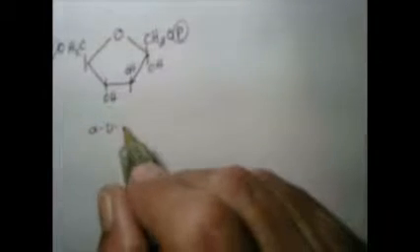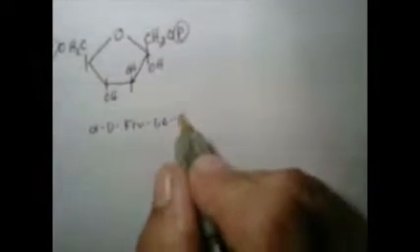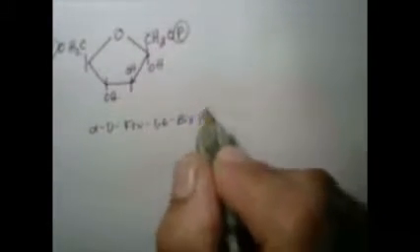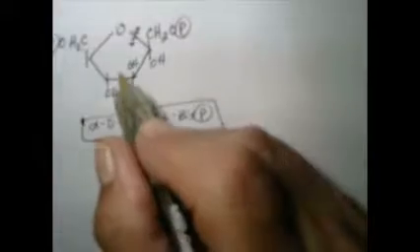Well, it's an alpha D fructose 1,6 bisphosphate. I'm going to abbreviate for now. Where are we going to split this molecule? Well, we're going to split it here between the ring oxygen and C2, and we're going to split it here, between 3 and 4. And this is what's going to give us 2 3-carbon compounds.